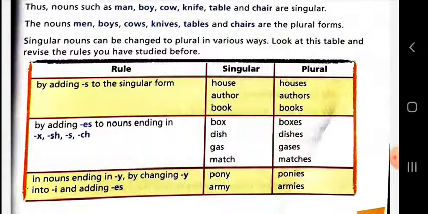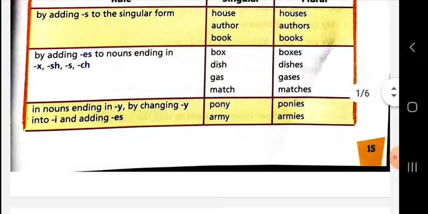Add es to nouns ending in x, sh, s, or ch. If the last letter of the singular noun is x, sh, s, or ch, then you need to add es to make it plural. For example, box, boxes; dish, dishes; gas, gases; and match, the plural of match is matches.